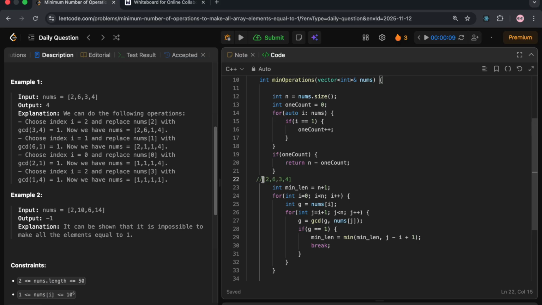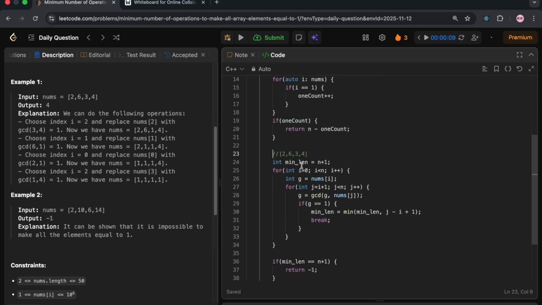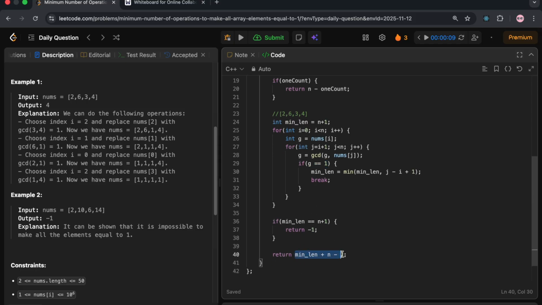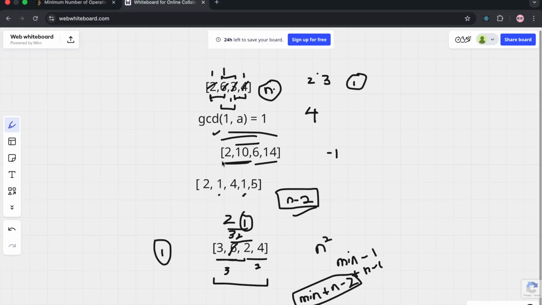Here we can see 2, 6, 3, 4. So we are going forward with all the subarrays and finding the minimum length with GCD 1. If we find GCD 1 with the minimum length, then we will just apply the formula minimum length plus n minus 2. That gives our answer, and we have done the analysis for this here.